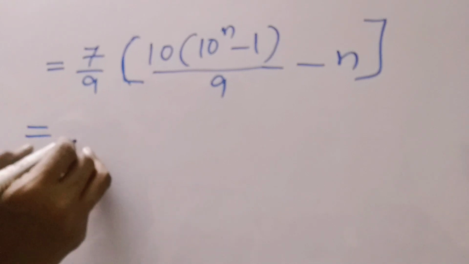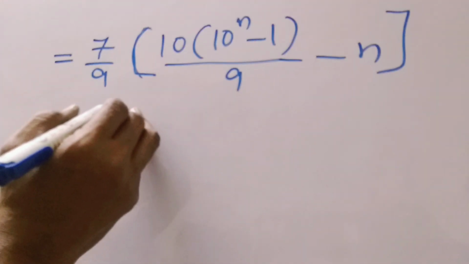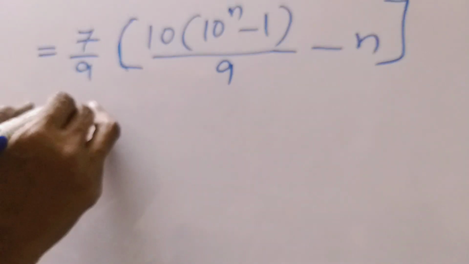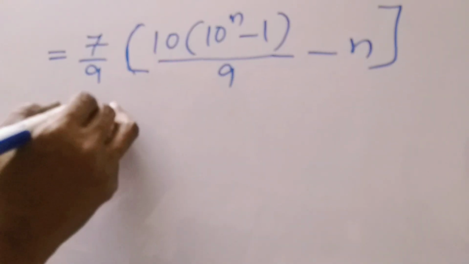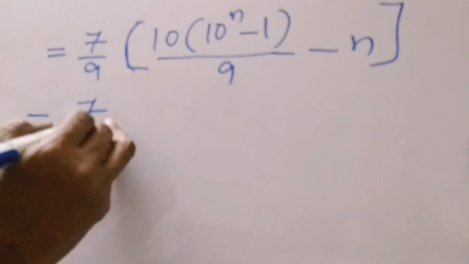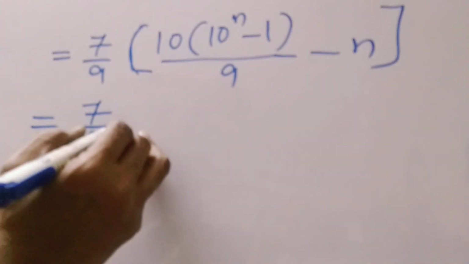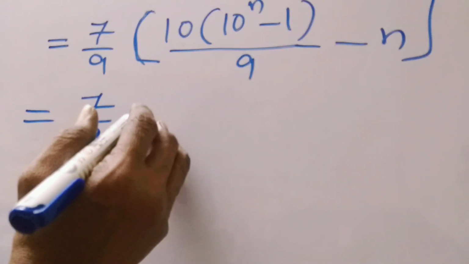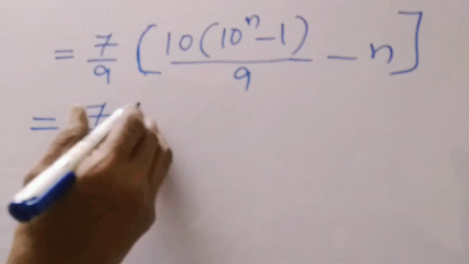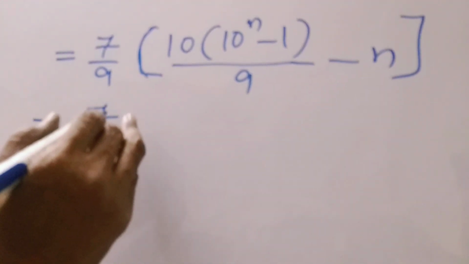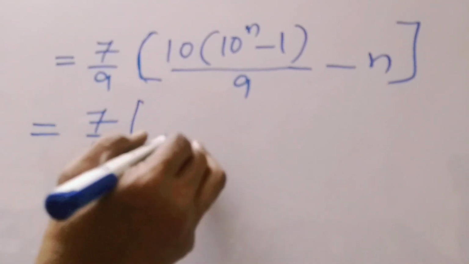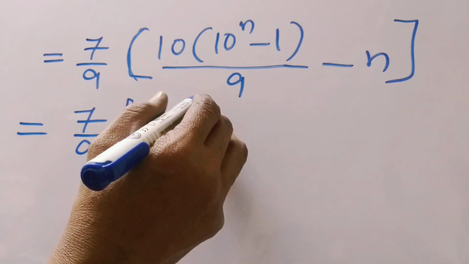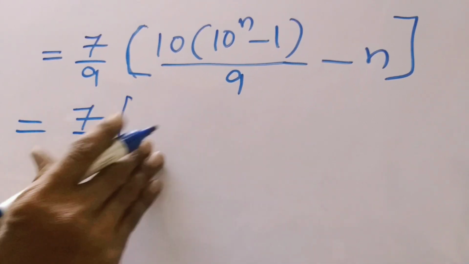That is equal to 7 by 9 of 10 into 10 to the power of n minus 1.